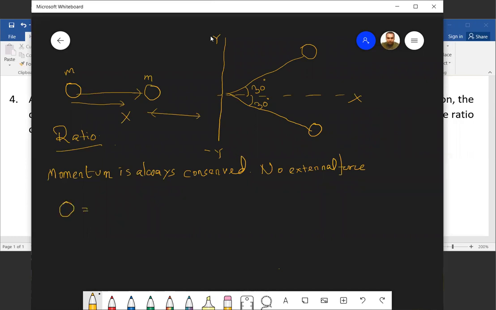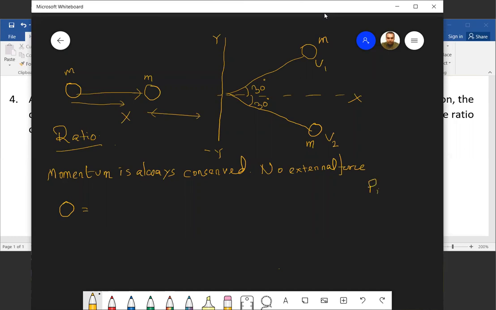So what will be the momentum along the y-axis after the collision? Suppose this ball has a mass of m, this ball also has a mass of m. Suppose the velocity which the first ball attains after collision is v1, and the velocity which the second ball attains after the collision is v2. So again, let me write here.